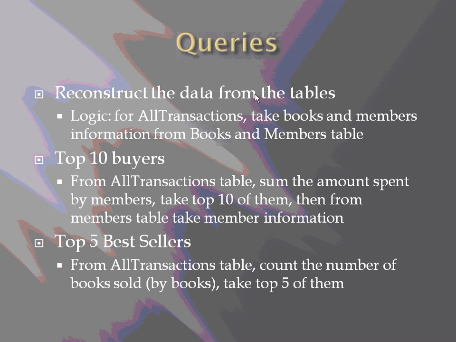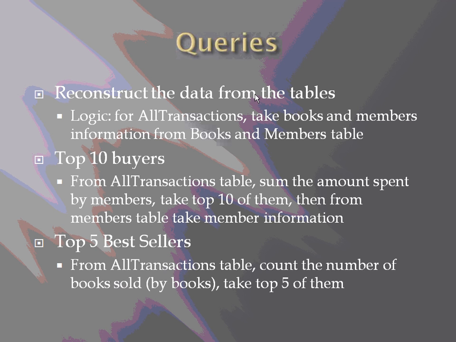We're going to get back to our original data by merging those data, and also we want to find the top 10 buyers, who spent the most to buy books, and also the books that were sold the most, based on how many times they were sold. So let's see, first reconstruct data from the tables.